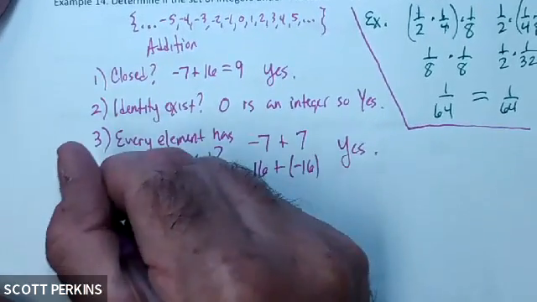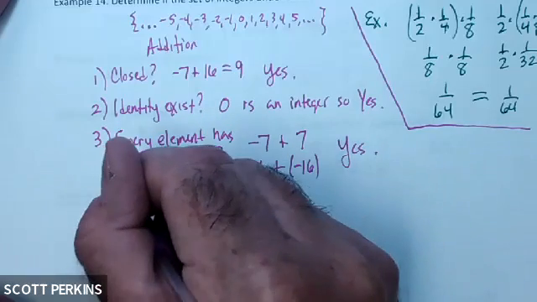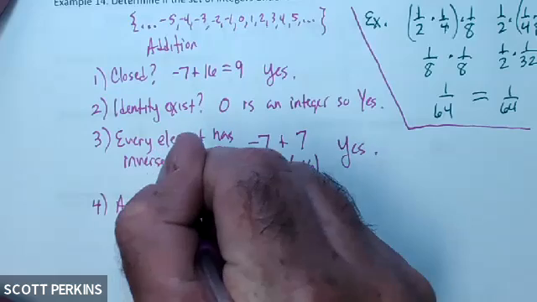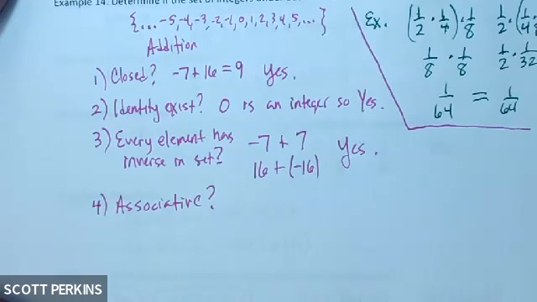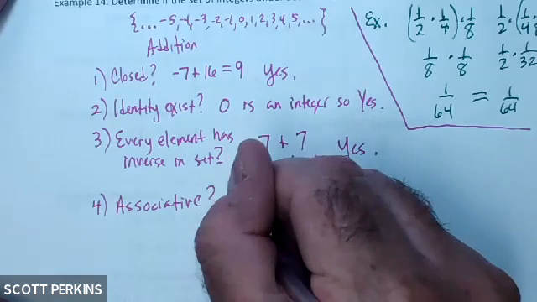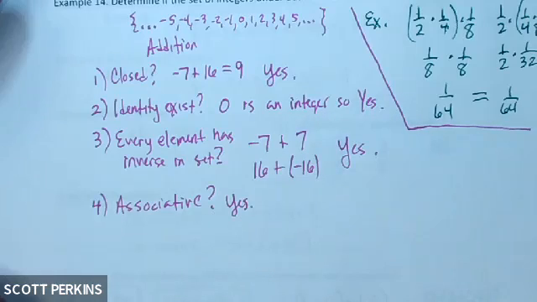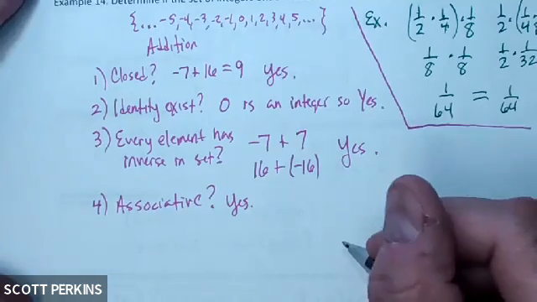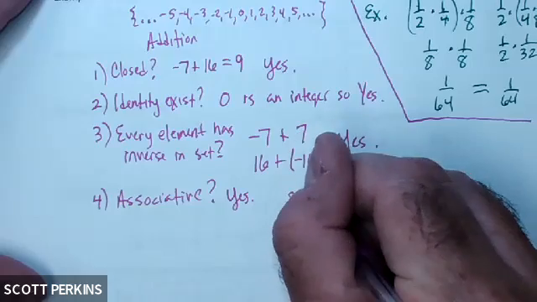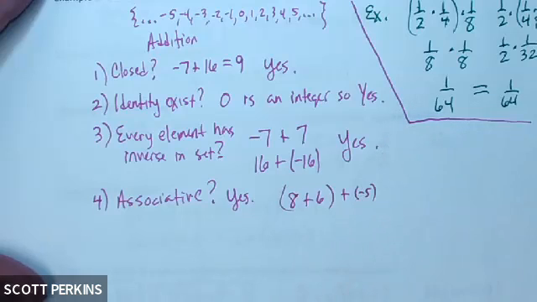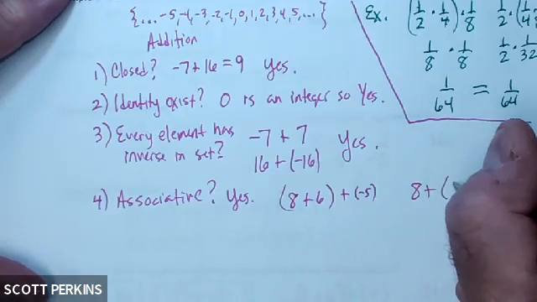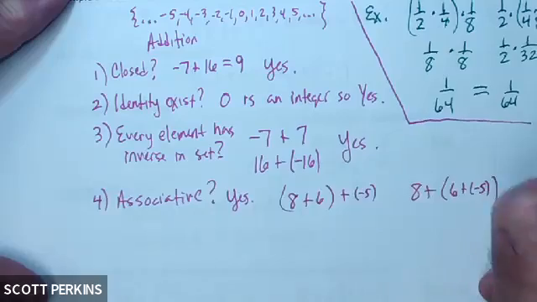The fourth thing is, is it associative? Well, again, I've given you this information to take to the bank. Is addition associative? Yes, it is. So let's just give an example. So whatever 3 integers you picked, it absolutely does not matter. So if I pick 8 plus 6 plus -5, or 8 plus, and then the 6 plus -5 is in parentheses.